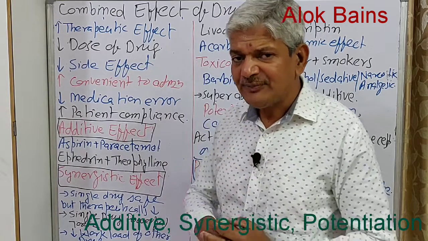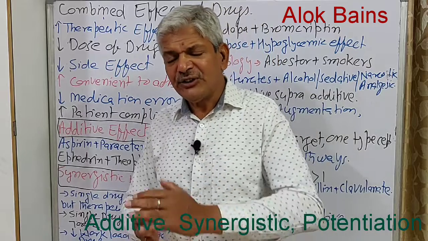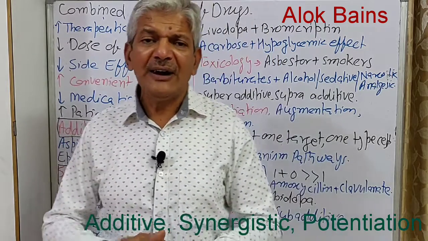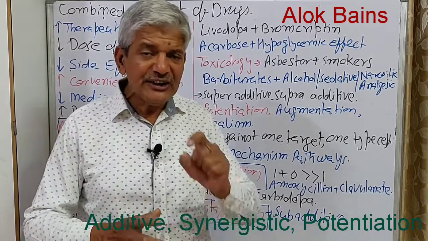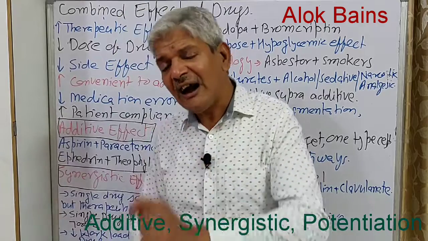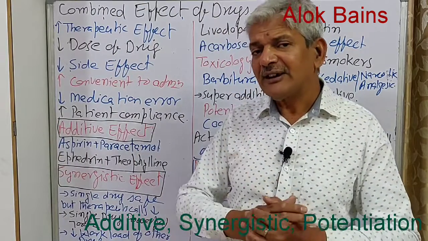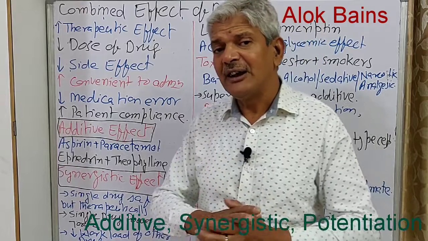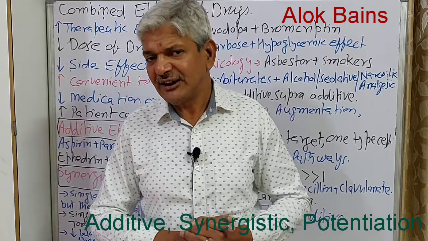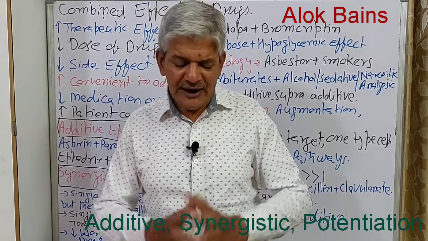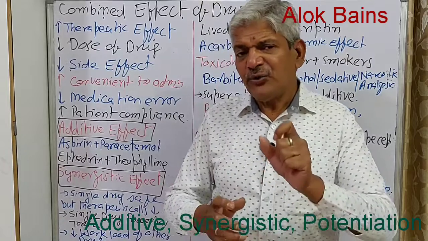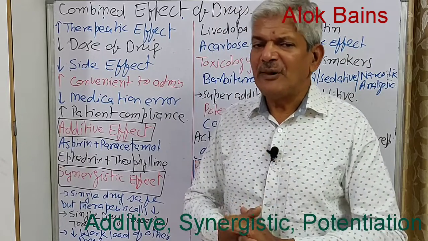And the third category is where one drug reduces the workload of the other drug. In that condition, the combination of two drugs may produce the synergistic effect. For example, there is one drug, levodopa.